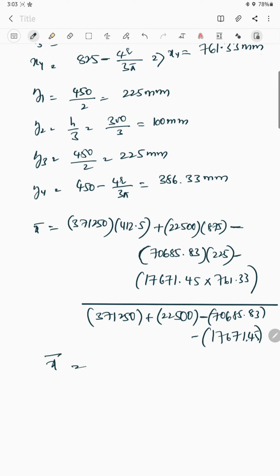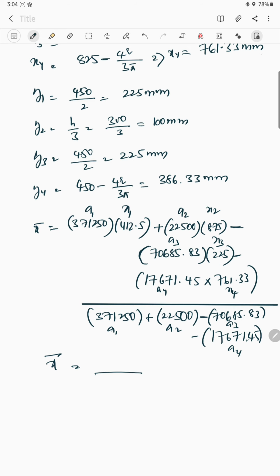So x bar, once you solve this one, this is a1 x1, a2 x2, a3 x3, a4 x4. Okay, this is a1, a2, a3 and a4. So once you solve this one, you will get some value here. Calculate that value and you can write over there.